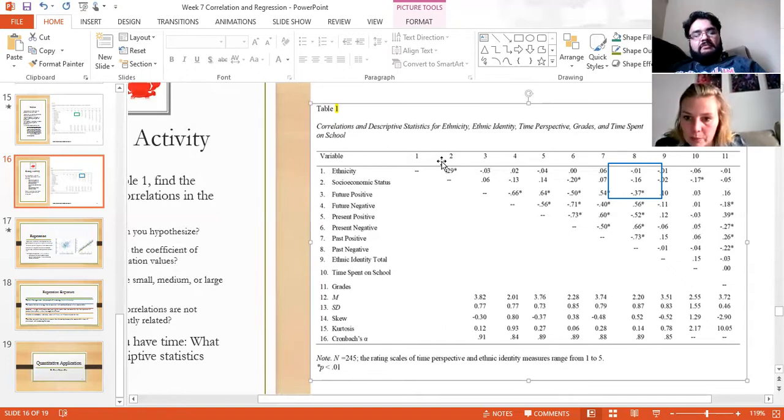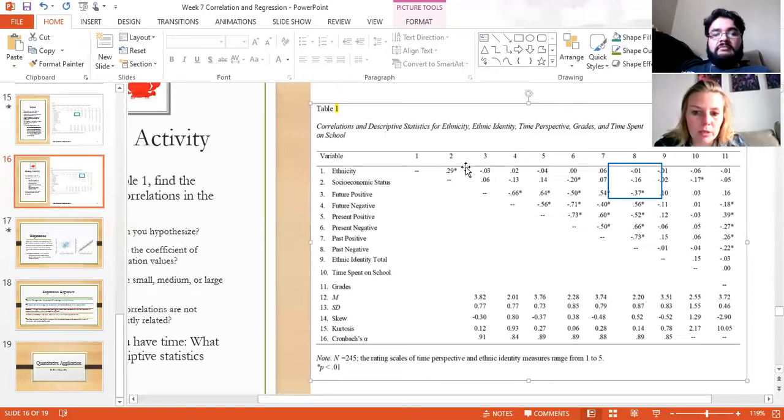So, for example, the inverse of ethnicity, negative 0.03 with future positive. There's a negative inverse of 0.03. This is where I get confused. 0.03 is smaller because it's further away from 0. Or I don't get math.